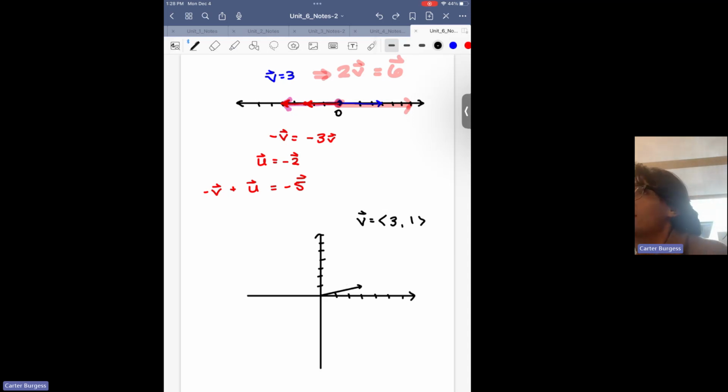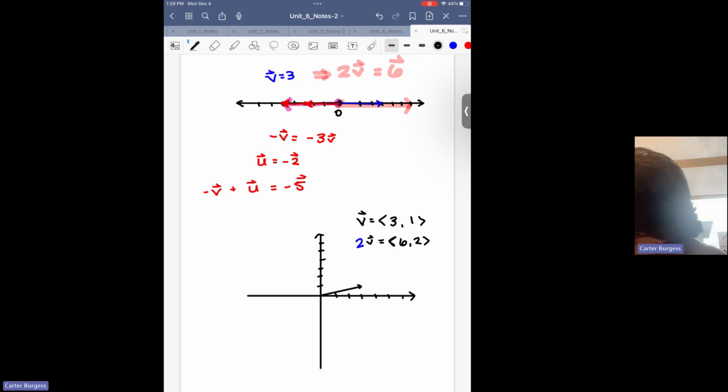We could think of very easily figuring out what's going on with 2v. What did we say multiplying by a scalar does to the length of our vector? It's going to double the vector, so whatever instructions we followed before, we are just going to follow them again. As far as thinking about what this is going to do to our components, very simply, doubling the length of the vector is what we get when we just double both the x and the y components.